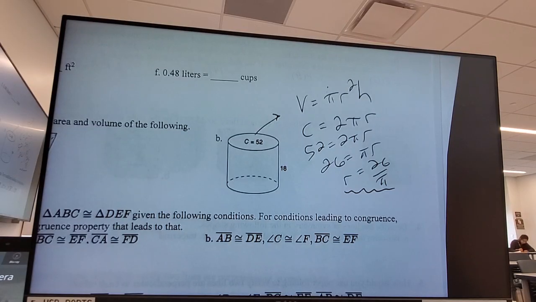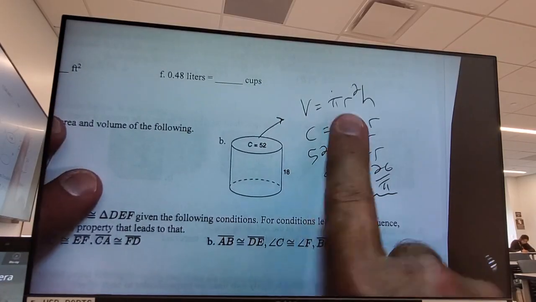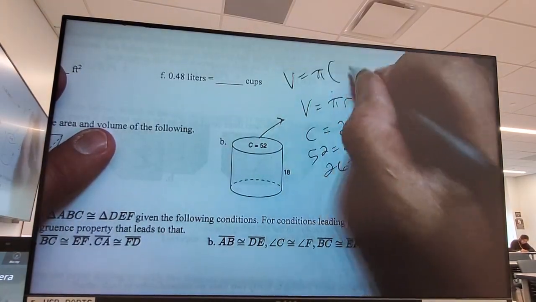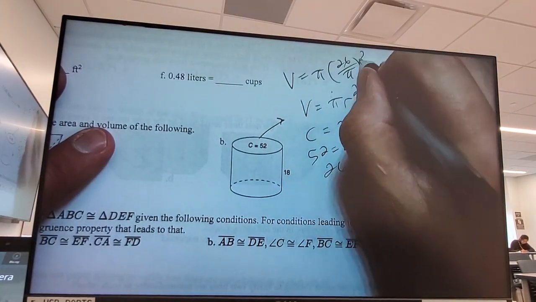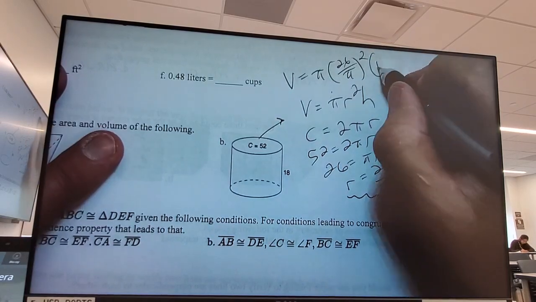Anybody? You don't want it to be 26 over pi, but it is. But who cares? You just chuck it in. What do I do to that in the formula? Yeah, the formula needs me to square it and then multiply by the height, which is 18.